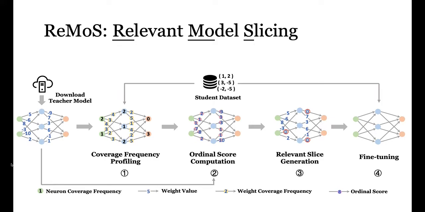The second step computes a score for each weight based on the static information of the teacher model and the dynamic coverage information on the student task. The third step identifies the relevant slices based on the computed ordinal scores. The last step uses the student dataset to fine-tune the relevant slice, as the conventional transfer learning does.